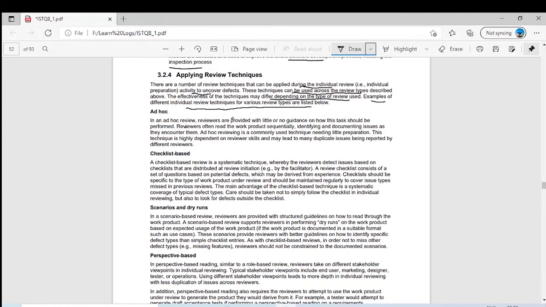So there are some review techniques that we will discuss in detail. The first of all is ad hoc. As the name suggests, this technique is applied with no such preparations. In an ad hoc review, reviewers are provided with little or no guidance on how this task should be performed. For example, they will be given the basic information about the work product at runtime, and it's a kind of random approach.